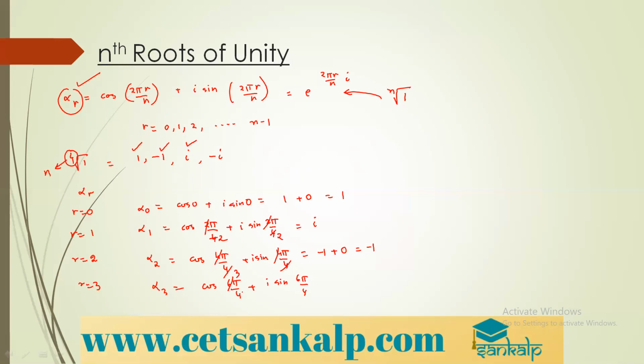So cos 3 pi by 2 is 0. Sin 3 pi by 2 is minus 1. So I got minus i. In that way, I got 4 roots. I can stop. So if I take r equal to 0, 1, 2, 3, I got all the fourth roots of unity. Like that, you can use this formula to find nth roots of unity also.